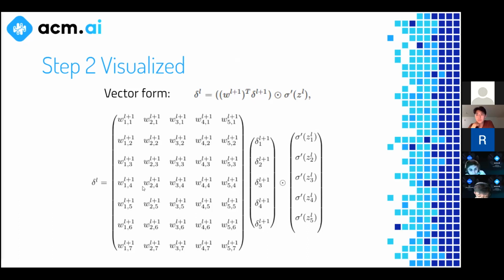So we kind of have a big matrix here. What this matrix is saying is, let's ask that same question again. How many neurons are in the L plus 1 layer, and how many neurons are in the L layer? Can someone answer for me?